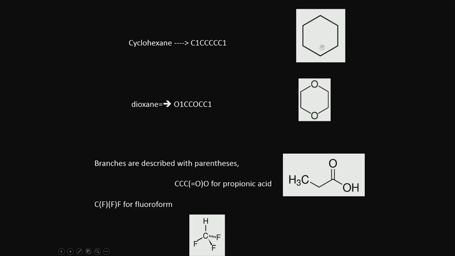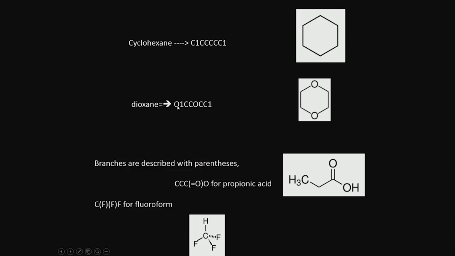For example, if I take cyclohexane, I will write C1CCCCC1. There are 6 carbons, and when I put this 1 and 1, that means this and this are bonded, so it gives you cyclohexane. Whereas if I want hexane, I will remove these 1 and 1, so I will get 6 carbons. So it is hexane.